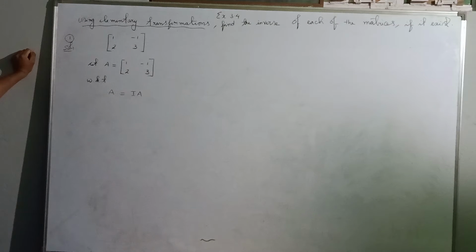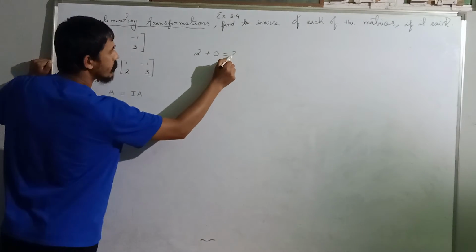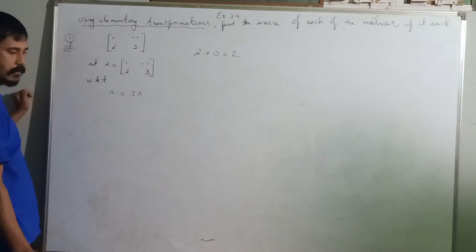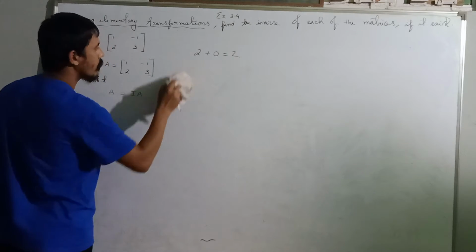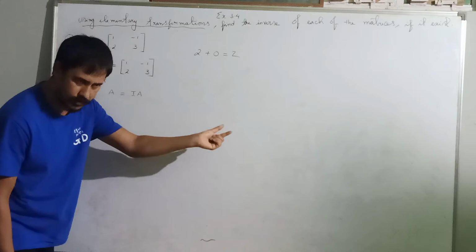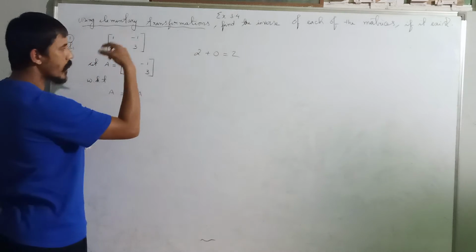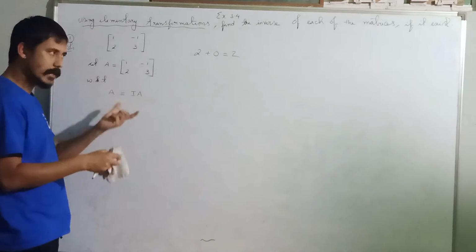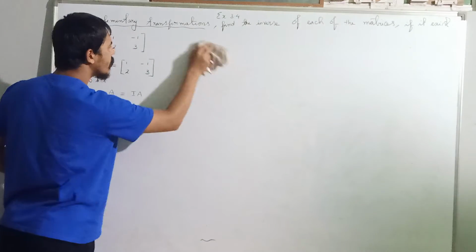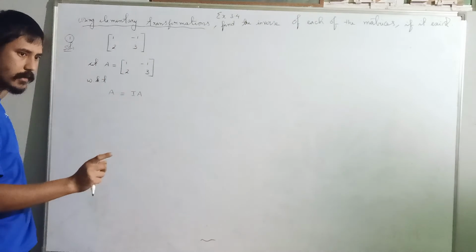Additive identity is 0, because any number added with 0 gives you that number, right? So for a matrix, the additive identity will be the 0 matrix, and multiplicative identity will be the identity matrix. Are you getting the difference now?